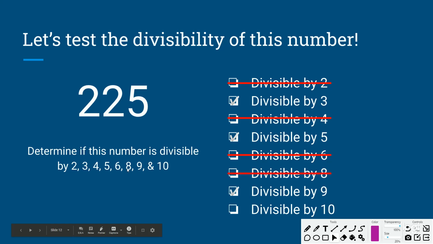So yes, this whole number is divisible by 9. And then for 10, does it end in a 0? No, it does not. So it is not divisible by 10. So 225 is only divisible by 3, 5, and 9. So those are the only 3 numbers that it is divisible by. So I would check those 3 boxes only.